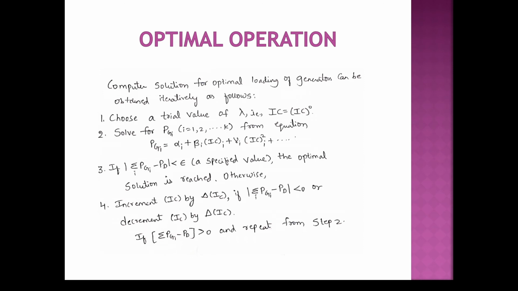Third step: if the mod of summation PGi minus PD is less than epsilon, where epsilon is some specified value, then the optimal solution is reached. Otherwise, increment IC by delta IC if the summation of PGi minus PD is less than 0, and if it is greater than 0, then decrement IC by delta IC, and repeat from step 2.